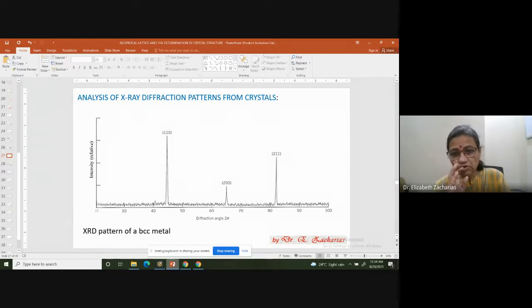Similarly, you should know how you write your a, b, c vectors, and how to write your a star, b star, c star. All these things will be required. There will be some theory and there will be some problems. Problems in the sense you may not require a calculator, but they are concept based.